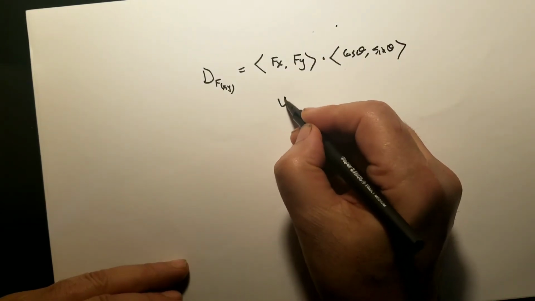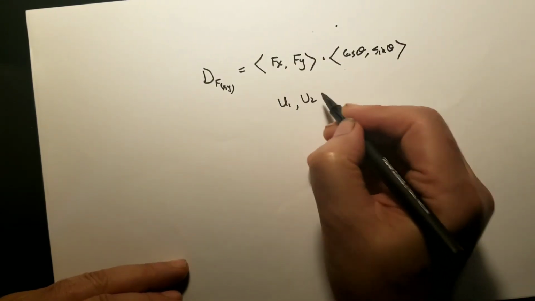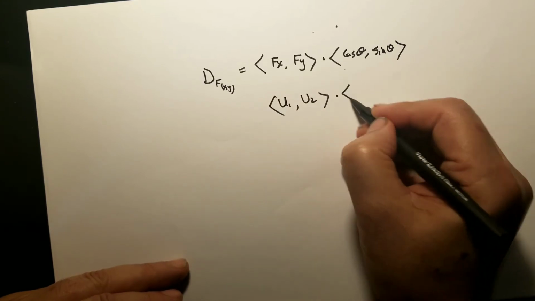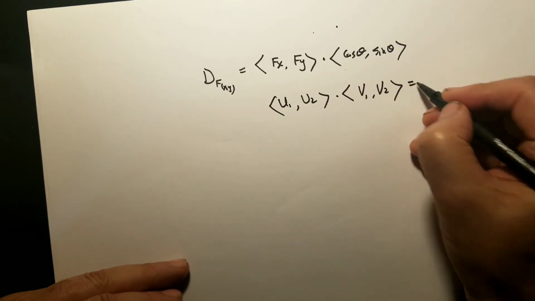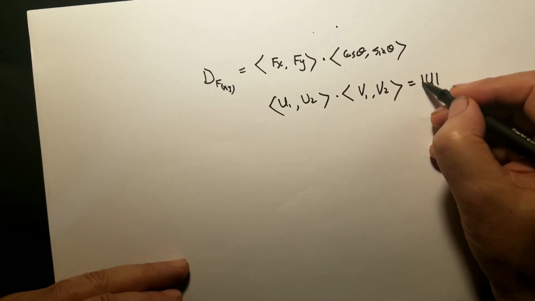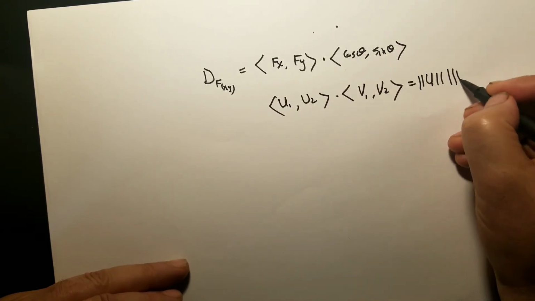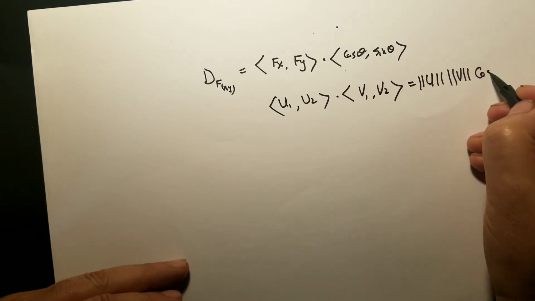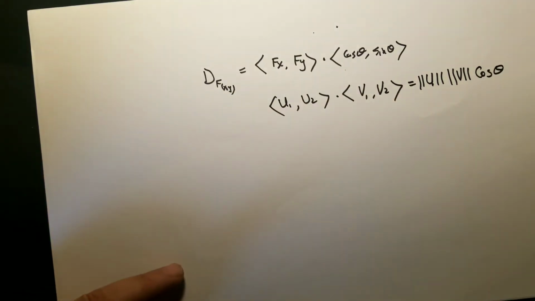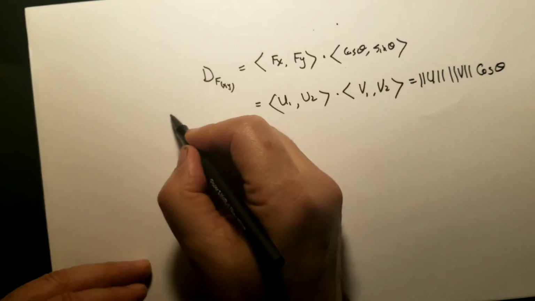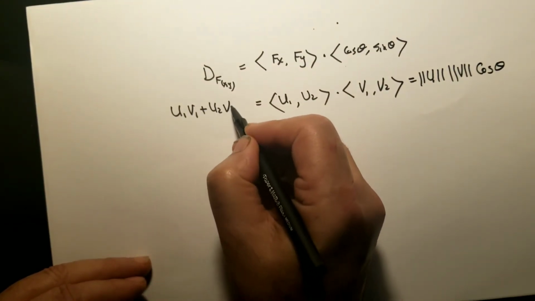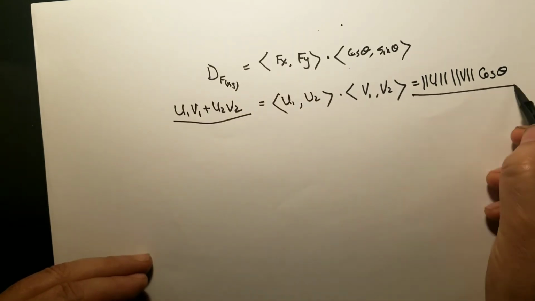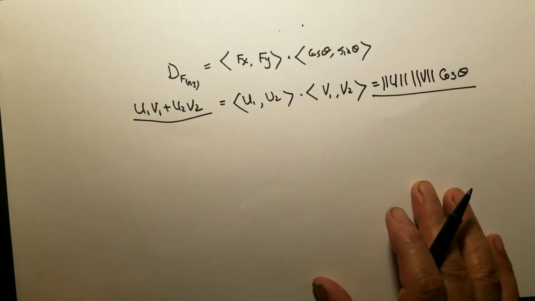If you had u1, u2 dotted with v1, v2, that was the same as the magnitude of u times the magnitude of v times the cosine of the angle between them. Or you could say u1 v1 plus u2 v2. There are two different ways we can represent the dot product.